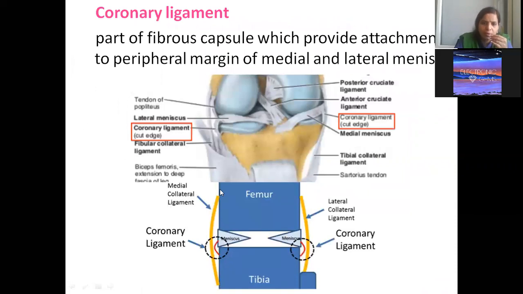Then we also have certain extensions which are called coronary ligaments. They are actually not so important. The part of the fibrous capsule which provides attachment to the peripheral margin of the medial and lateral meniscus. That part of the fibrous capsule which is giving attachment to these menisci, they are actually called coronary ligaments. Okay.